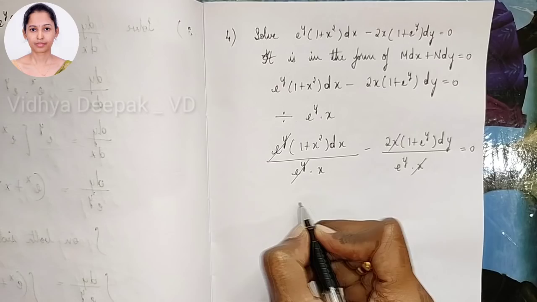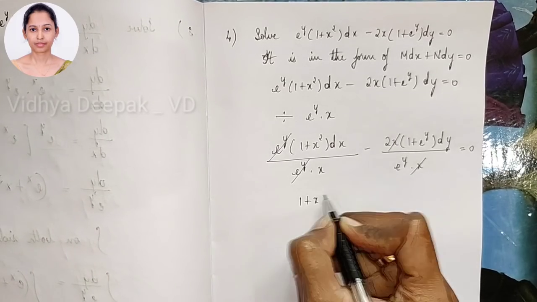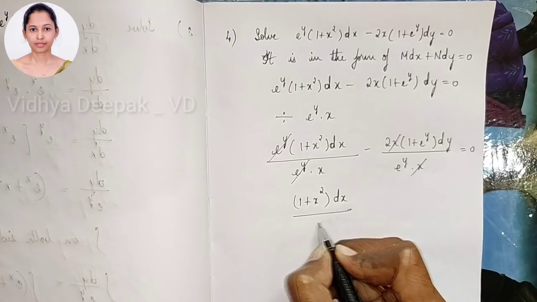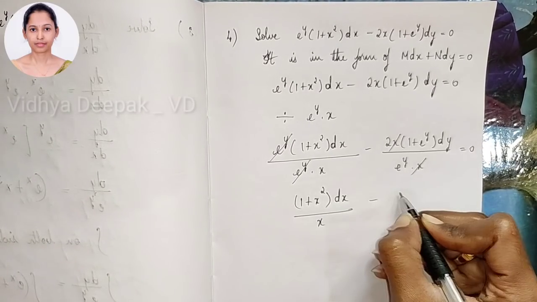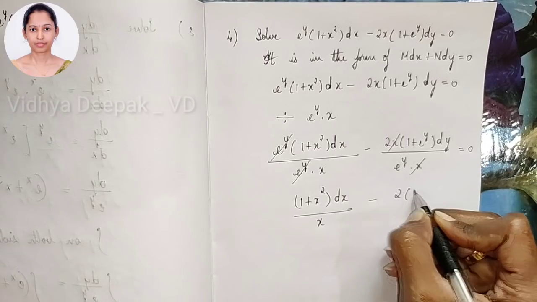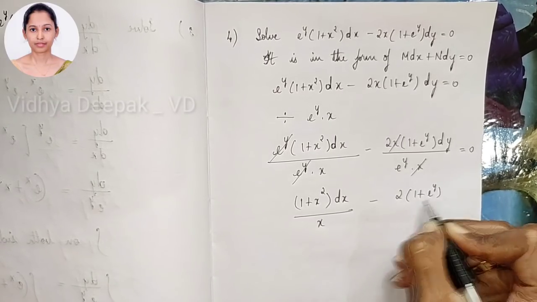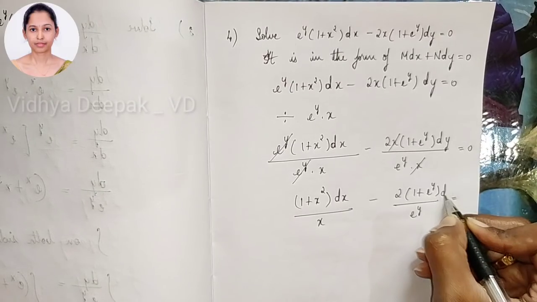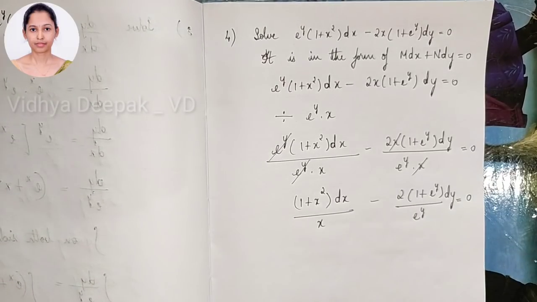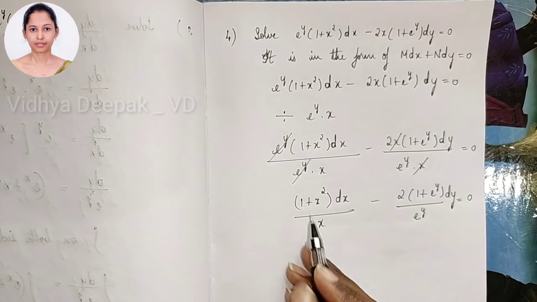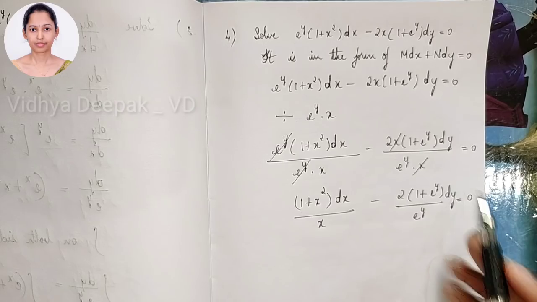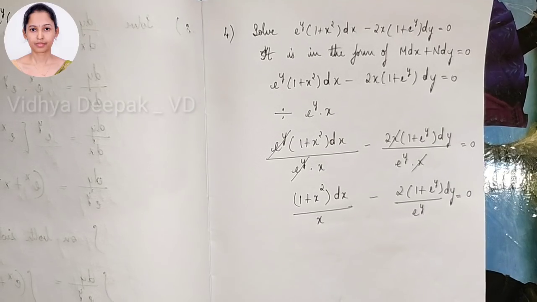So what do you have now? 1 plus x square into dx divided by x minus 2 into 1 plus e power y divided by e power y into dy is equal to 0. So now we have successfully segregated x and dx together, y and dy together, right?